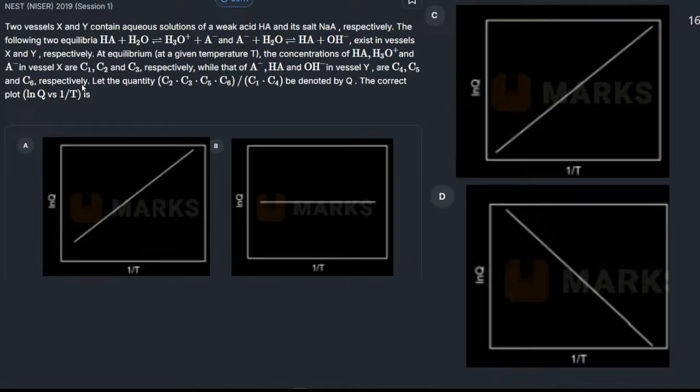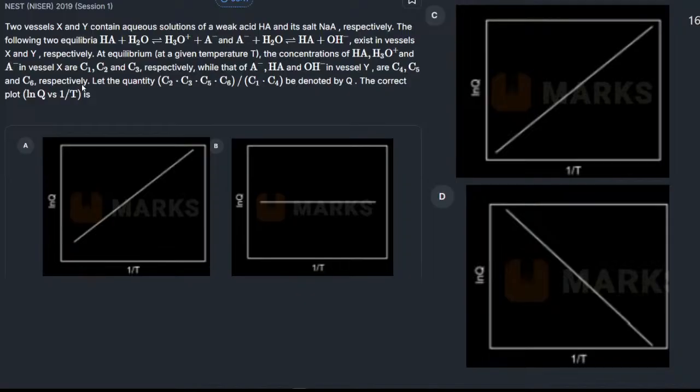Now at equilibrium, at a given temperature T, concentrations of HA, H3O plus and A negative in vessel X are given as C1, C2 and C3 respectively, while that of A negative, HA and OH negative in vessel Y are C4, C5 and C6 respectively.